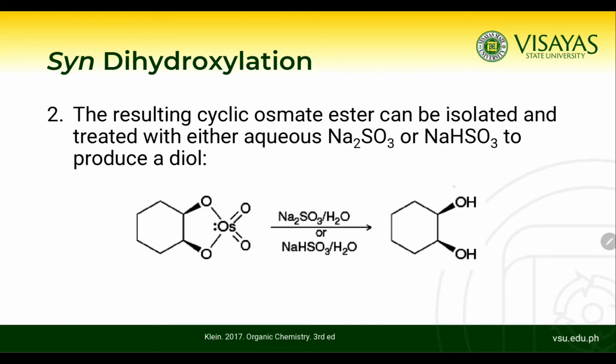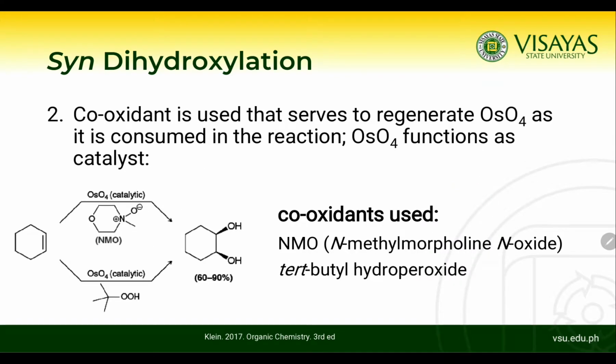So here we show that our two hydroxyl groups are on the same face, because these two here are chiral centers. A co-oxidant can also be used to regenerate the osmium tetroxide as it is consumed in the reaction. So, in this case, the osmium tetroxide functions as a catalyst.